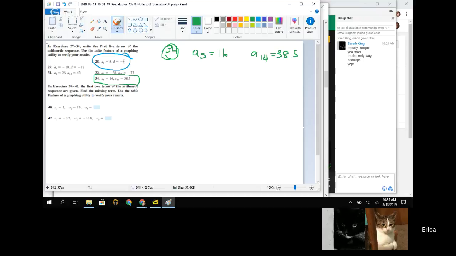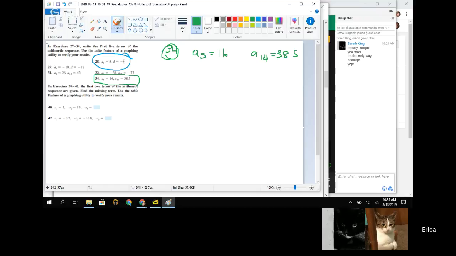And I need to write the first 5 terms of my sequence. Okay. So what I'm going to do is write my equation for the nth term of an arithmetic sequence, and then I'm going to use it to solve.